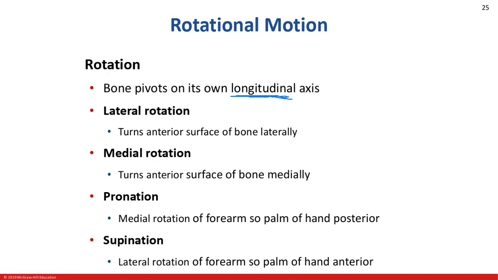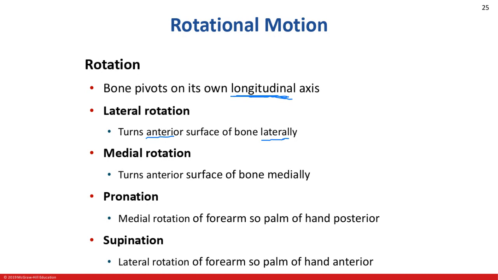For lateral rotation, we are going to take the anterior surface and move it laterally. What I tell folks to think of is bend your elbows at 90 degrees and put your fists right out in front of you, like this.